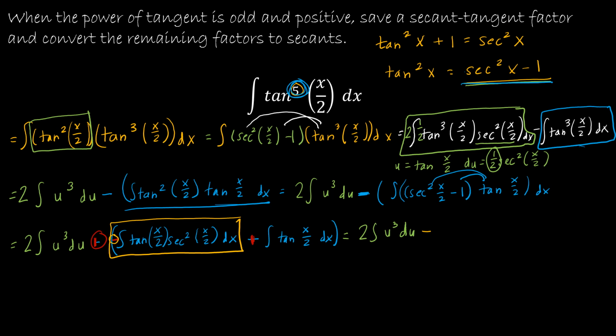And then I'm actually going to use the same u and du I did before. So just as I did before, I have tangent of x over 2, which is going to be u, and then I have 1/2 times the secant of x over 2. So I need a 1/2 on the inside, which means I need a 2 on the outside. So this is minus 2 times the integral of u, just u to the first because it's tangent to the first, du.